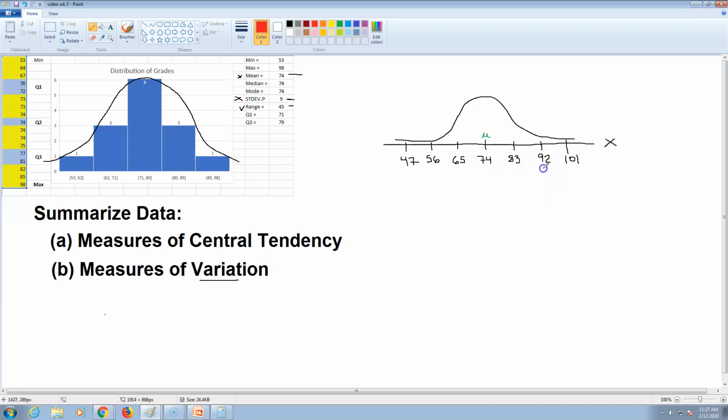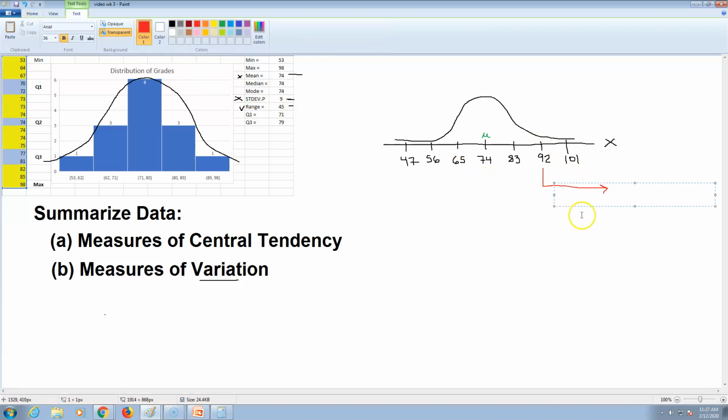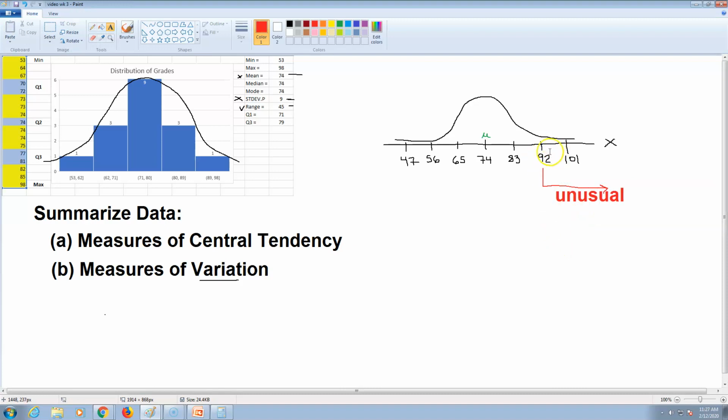Anything that is 92 or more, we consider unusual. How did I get the 92? I counted 2 standard deviations to the right of the middle. I counted by 2 9s to the right. So 92 is 2 standard deviations from the 74.